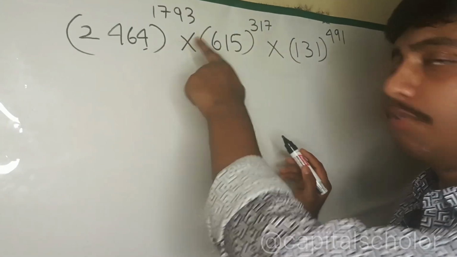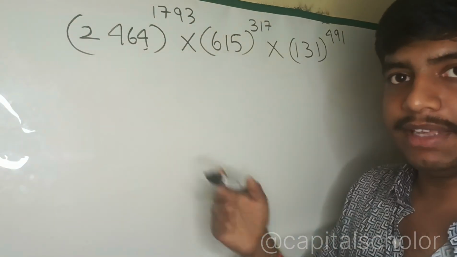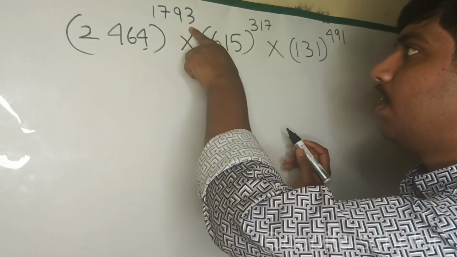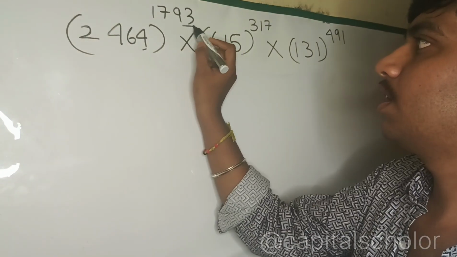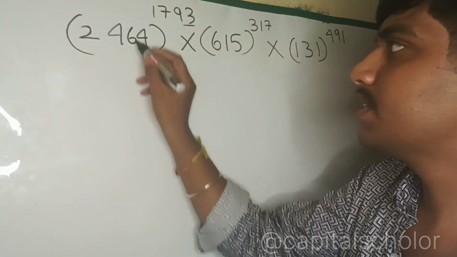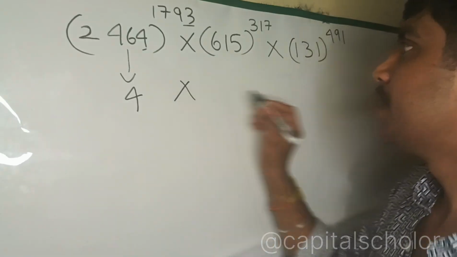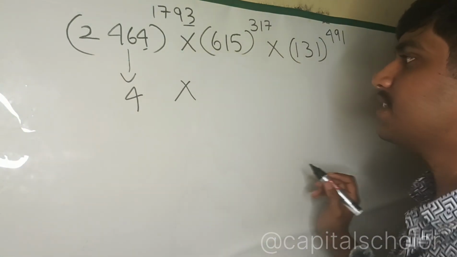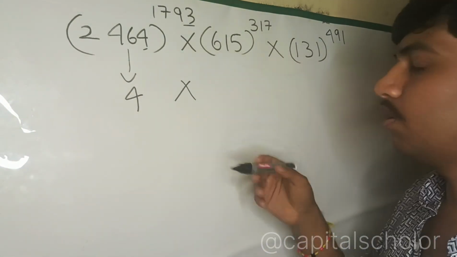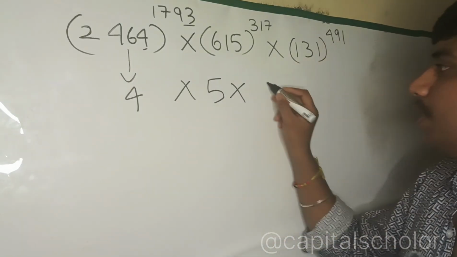If in the cyclicity of 4 the power is odd, like 93 is an odd number, then the unit place of this number will obviously be 4. Okay, 5. If you see 5, always its square or power will be always 5. And 1 will always be 1.